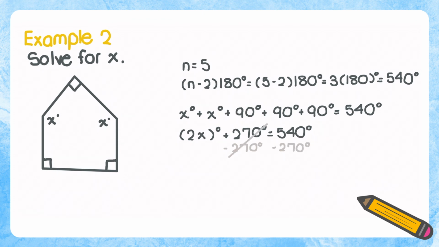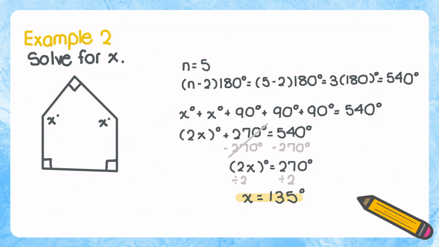This part cancels out, and we're left with 2x degrees equals 270 degrees. Next, we divide both sides by 2, and we've solved for x. x equals 135 degrees.